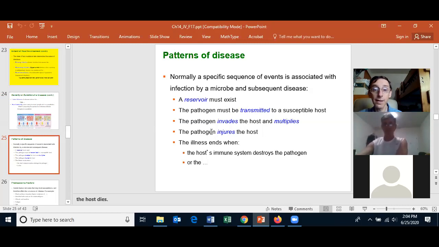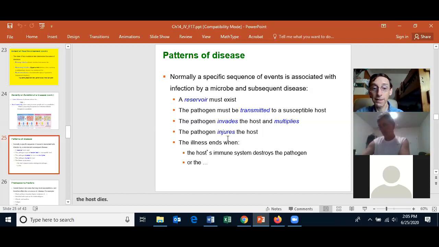And then the pathogen has to invade the host and multiply within the host before it can cause disease. And then besides this, because actually an asymptomatic patient can follow all of this, the pathogen then has to injure the host before we get illness. If there's no injury to the host, or the injury is very, very minor, then the patient will be asymptomatic.